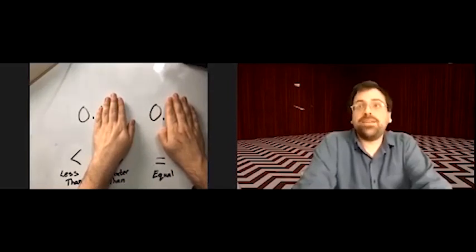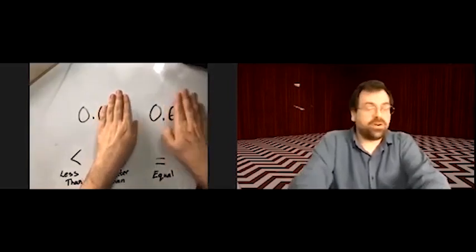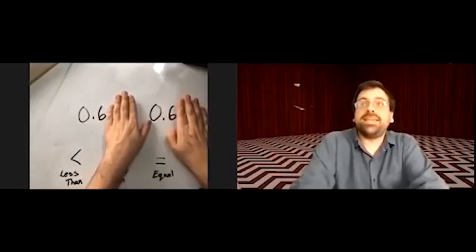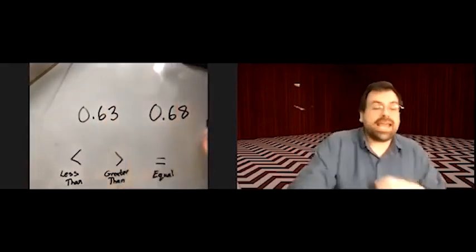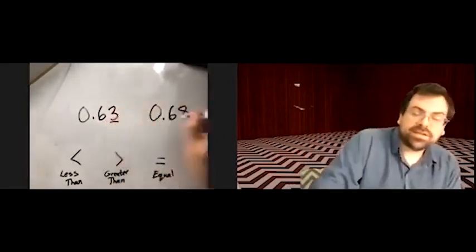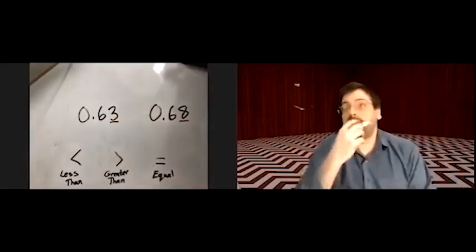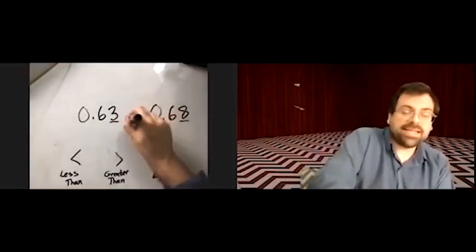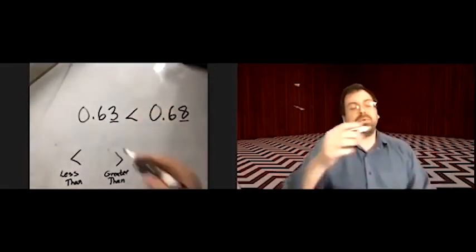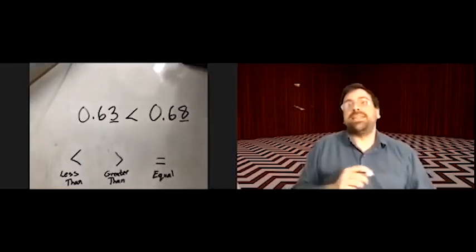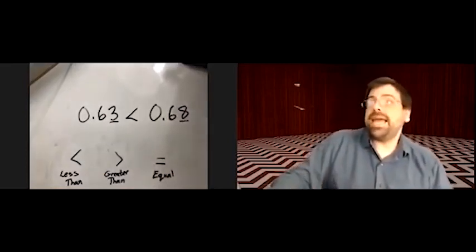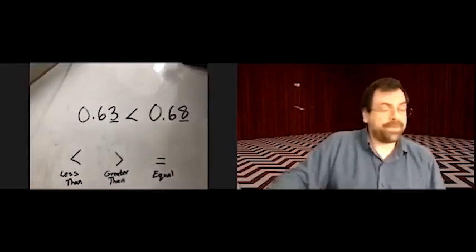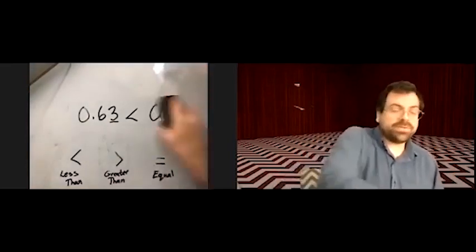So 0 point, they're the same so far, moving over. 6, they're the same, moving over. 3 and 8, these are different. They're the first one that's different, so they're what we will compare. Since 3 is less than 8, 0.63 is less than 0.68. Let's compare more numbers.